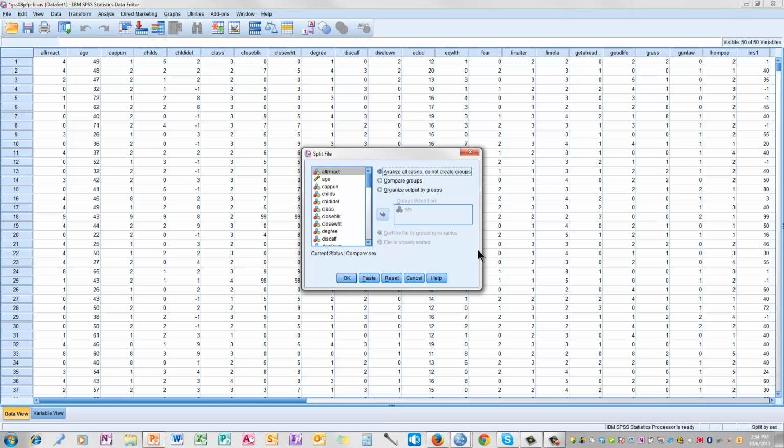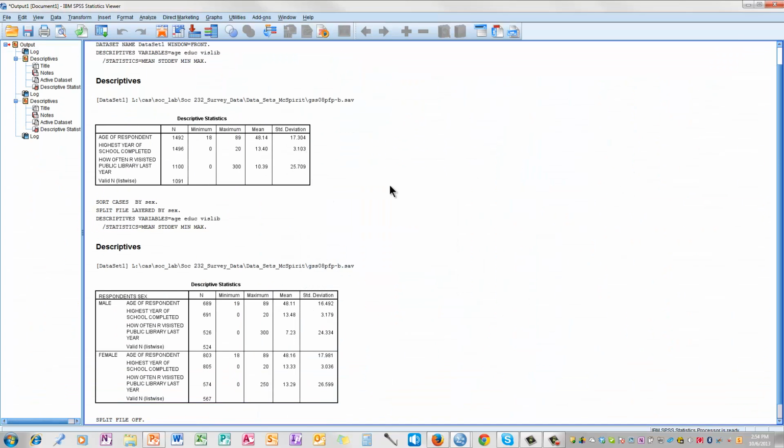That's how you stop the split on the file. All right. Now, if you wanted to keep that split, that's up to you, depending on your analyses. But for now, you might want to just go back to Data, Split File, and analyze all cases, just to have everything set to the original settings.